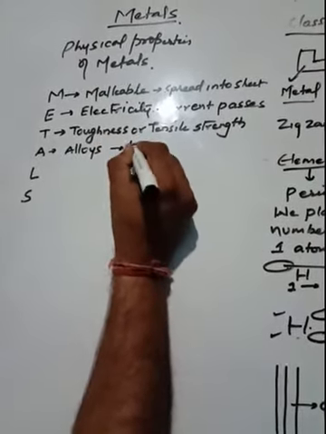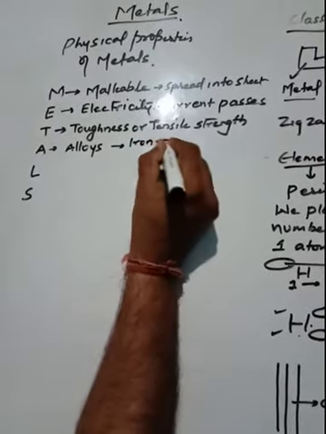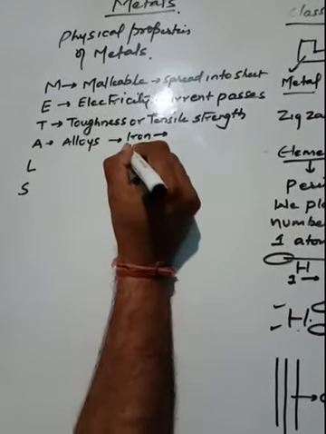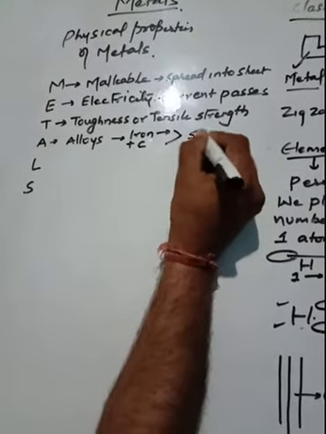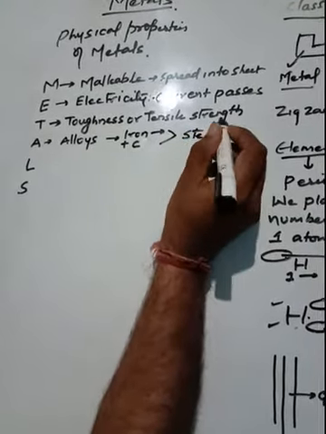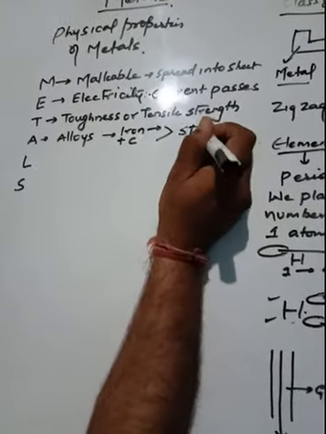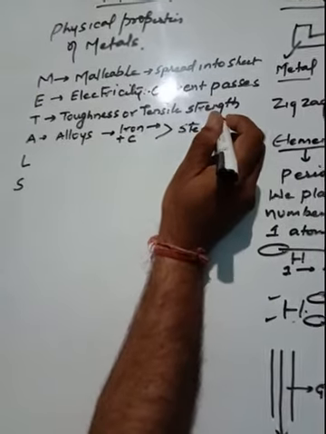Suppose in iron, rust occurs clearly, but once we mix carbon, it is called steel, and we know in steel there will be no rust, but it is very tough.